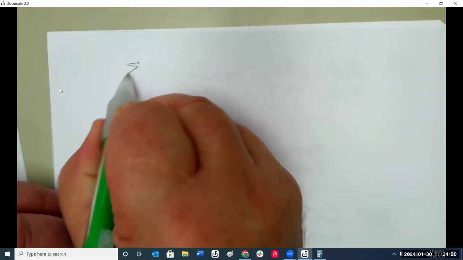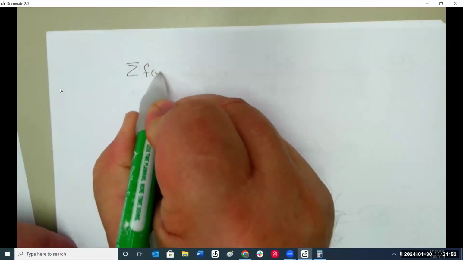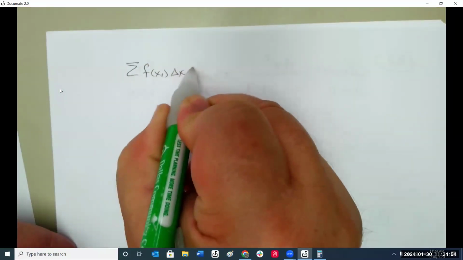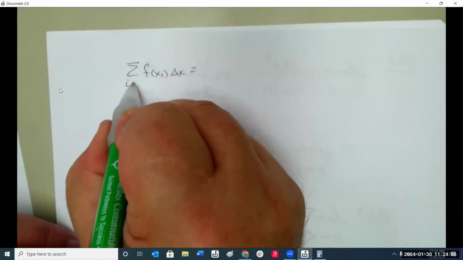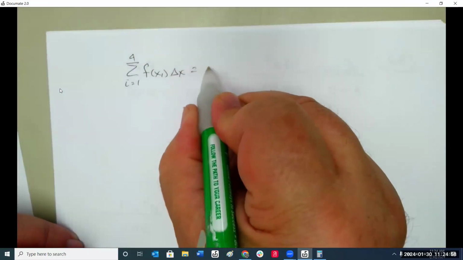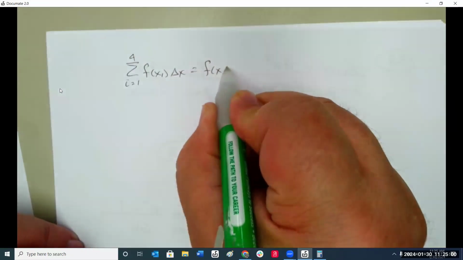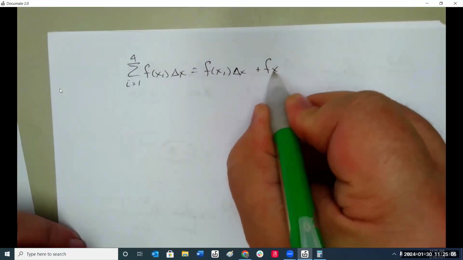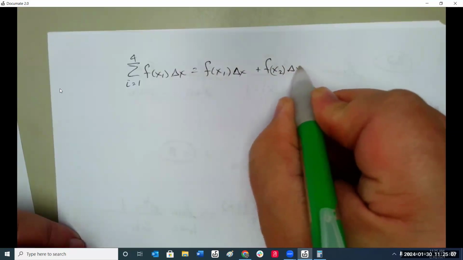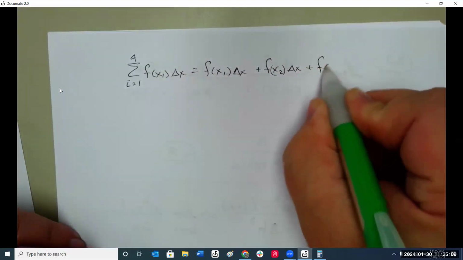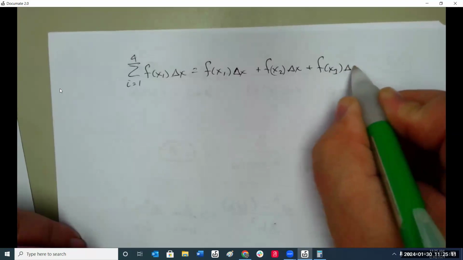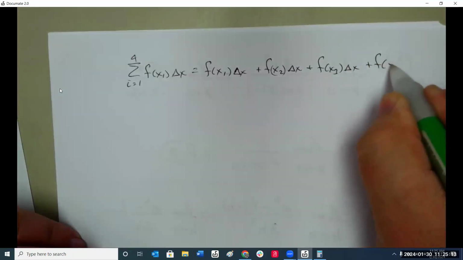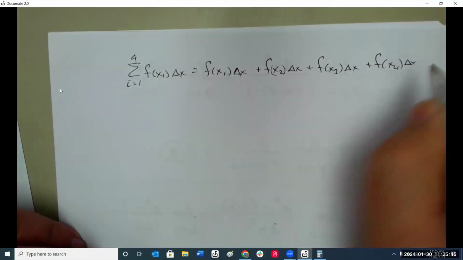That's f of x1 delta x plus f of x2 delta x, f of x3 delta x, f of x4 delta x.